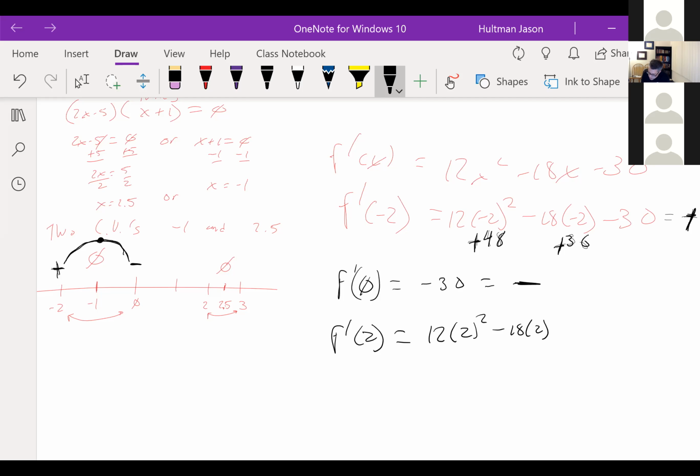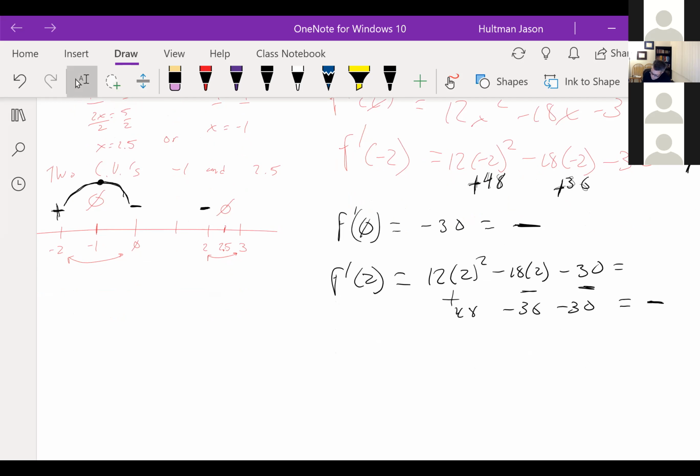Because of the negative, we're going to get a negative this time. So we get 48 minus 36 minus 30, which is going to be a negative.